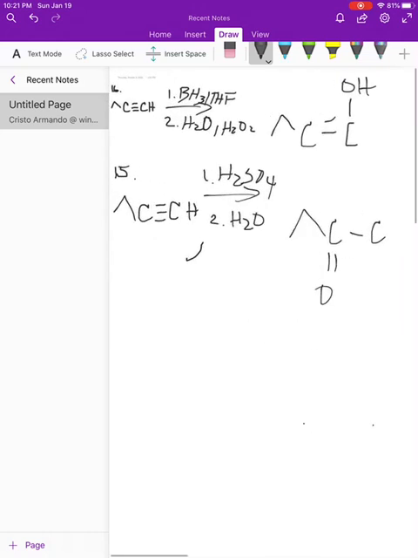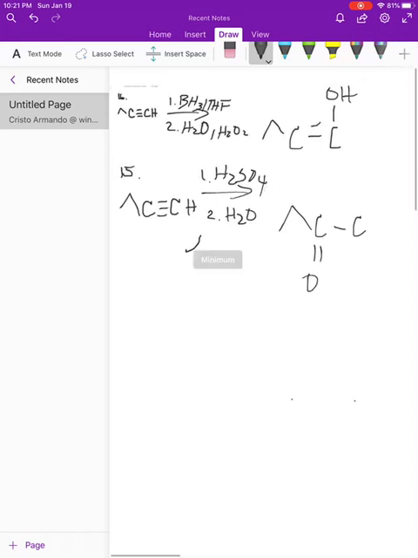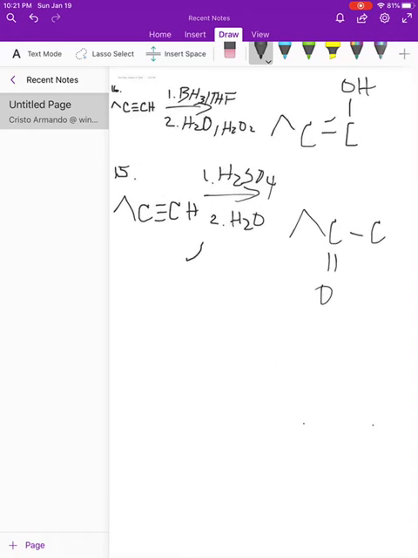But after tautomerization occurs, we end up with a final product that looks like this.